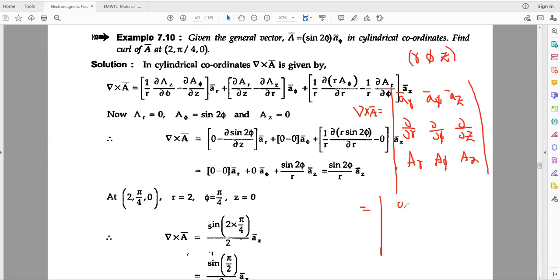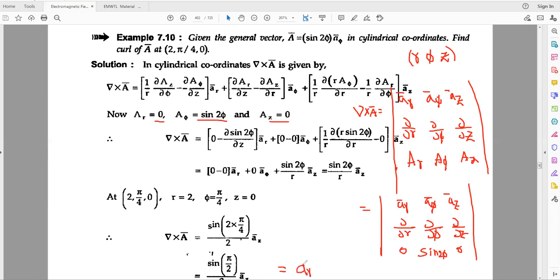In AR bar there is no term, and A phi bar is sine 2 phi, and the AZ coefficient is 0. So the AR coefficient is 0, the A phi coefficient is sine 2 phi, and AZ is 0.